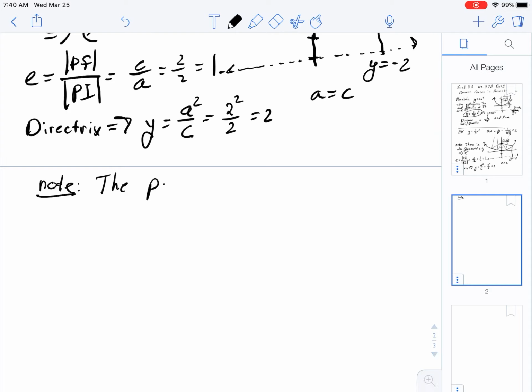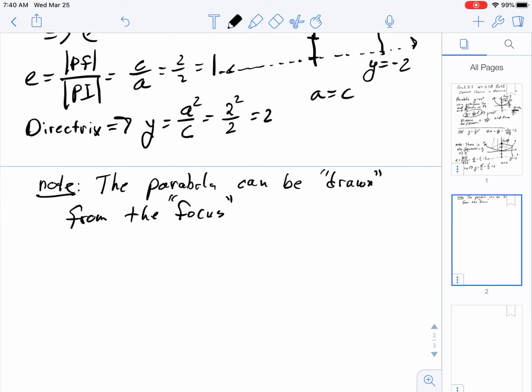Well, the parabola can be drawn, and there's a key word there, drawn, from the focus, not from an X and Y axis, or better known as the pole.